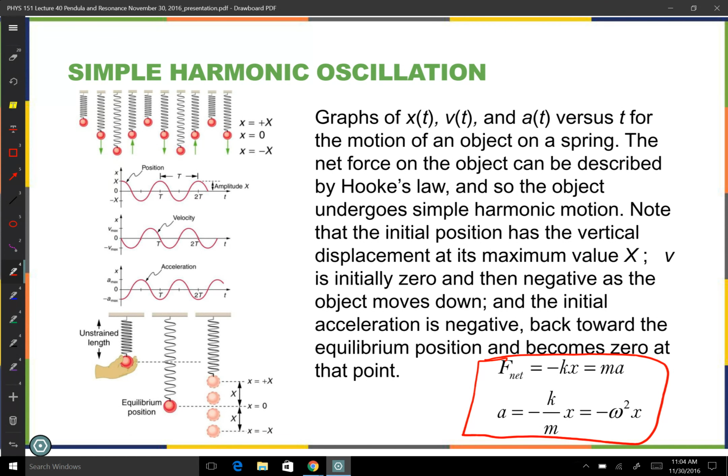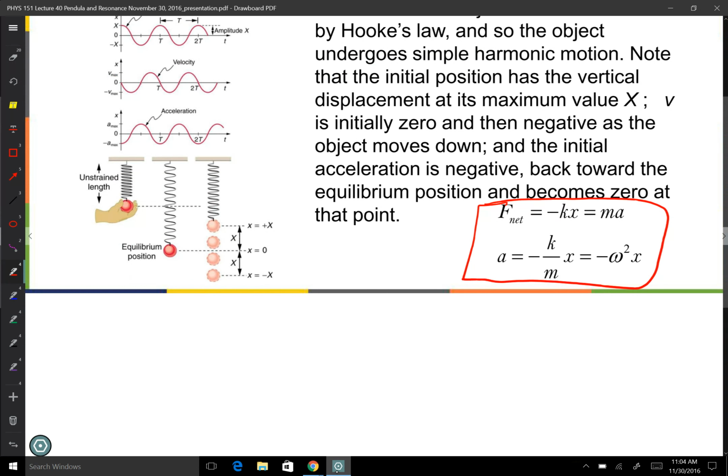And from the calculus work, it turns out that the acceleration is minus omega squared x. To make sure we're still all sane with this, what did omega stand for? The angular frequency. So by just matching up those two equations, we can see that the angular frequency is equal to the square root of k over m.